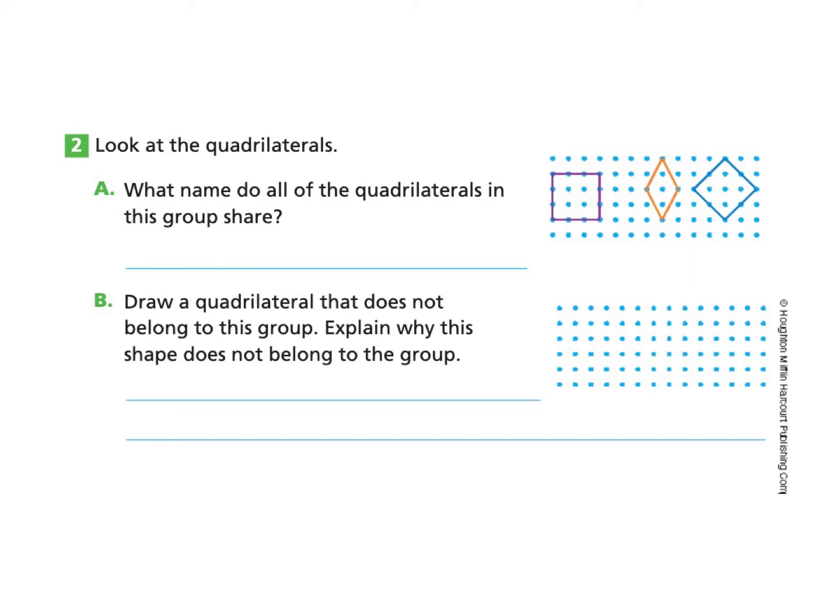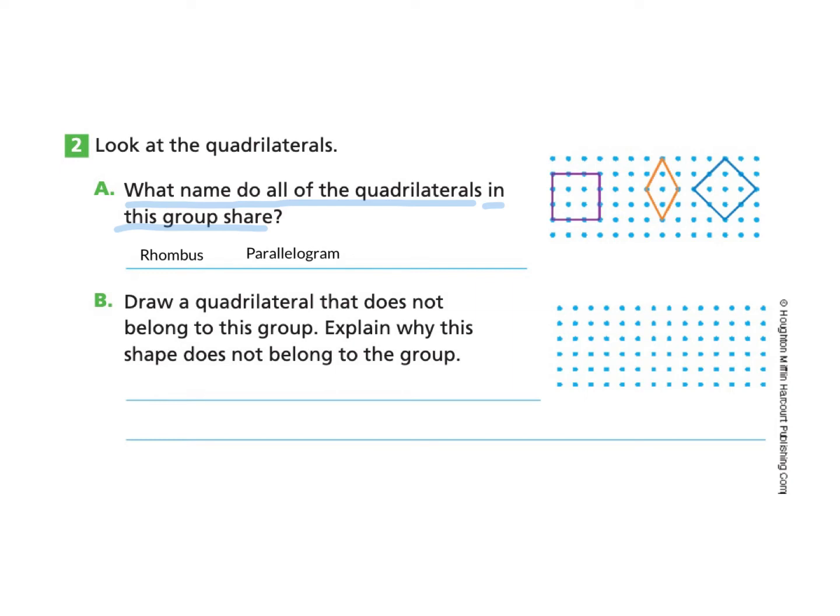Look at the quadrilaterals. Part A asks, what name do all the quadrilaterals in this group share? The first thing I notice is that these shapes are all a rhombus, which means that they all have four sides of equal length and two pairs of parallel sides.